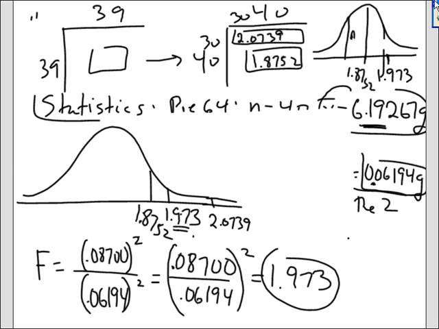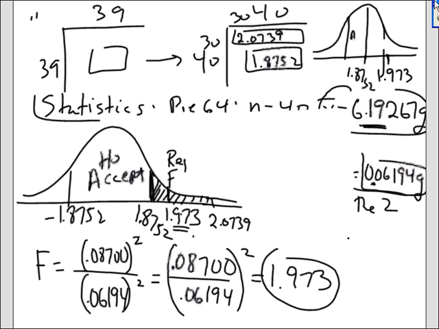I feel safe saying that the F value is to the right of our cutoff. Okay? And this is negative 1.8752. We accept in here, we accept H0. In this region here, where 1.973 is, we reject H0.